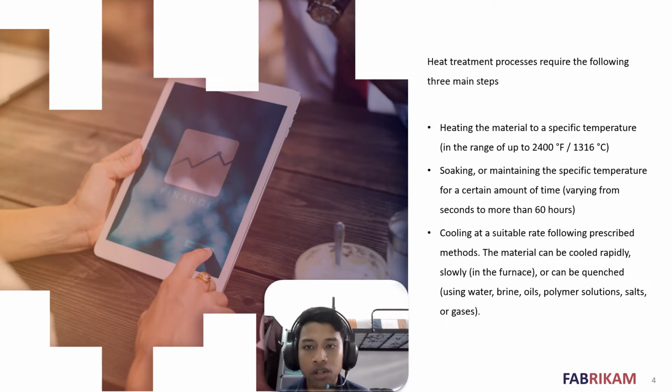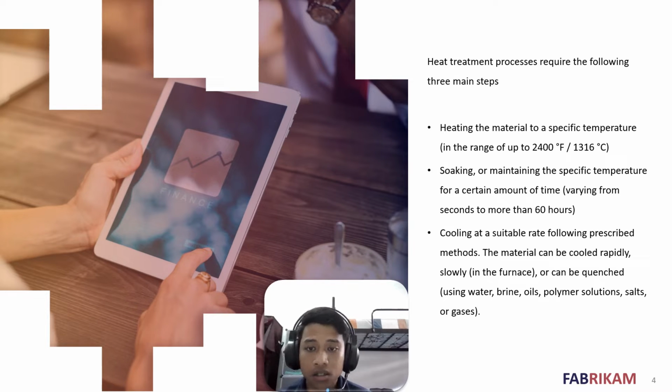So, heat treatment process requires the following 3 main steps. First step is heating the material to a specific temperature in the range of up to 2400 Fahrenheit and 1316 Celsius.